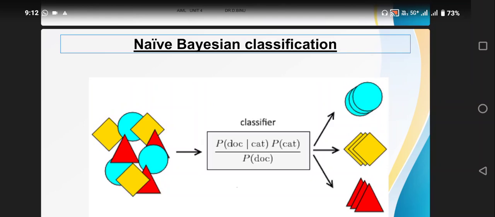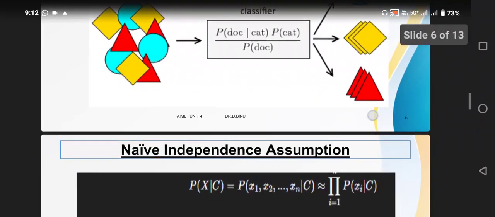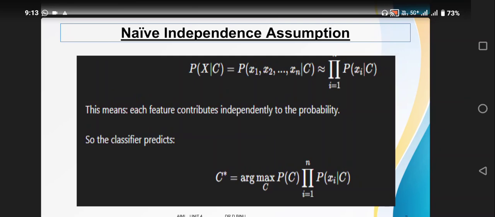The naive Bayesian classification is used to classify varieties of shapes, which is represented in the illustration. The assumption used for the naive independence algorithm is P of x given C is equal to P of x1, x2 up to xn given C, which is approximately equal to the product over i of P of xi given C. This means each feature contributes independently to the probability.